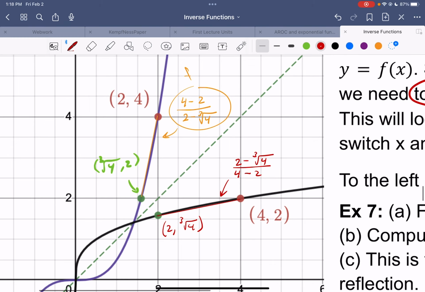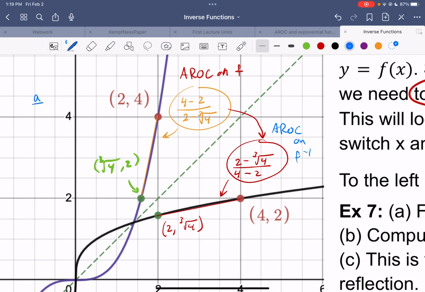And I want you to stare at these two things, and how can I go from the average rate of change on f to the average rate of change on f inverse? What happened? It's the reciprocal, right? I just sort of flipped it over. What used to be a over b became b over a.